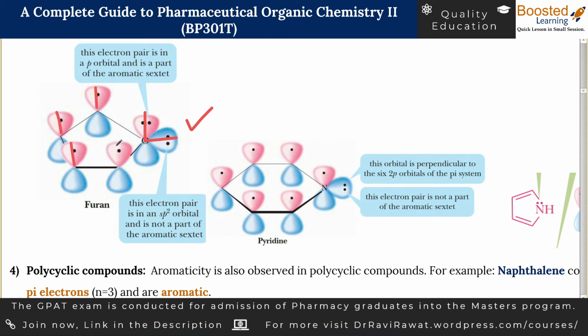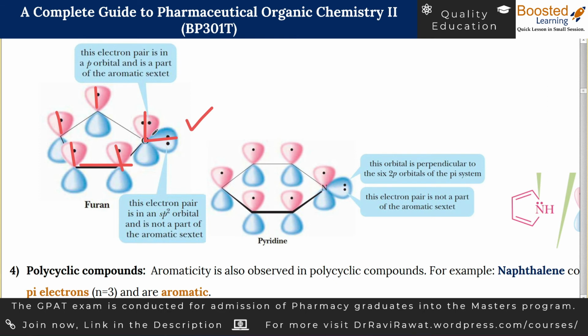I must remind you that oxygen is an atom which contains two lone pairs of electrons, so there are two lone pair orbitals. One is going to be in the same plane as the ring and the other is going to be perpendicular to the ring.